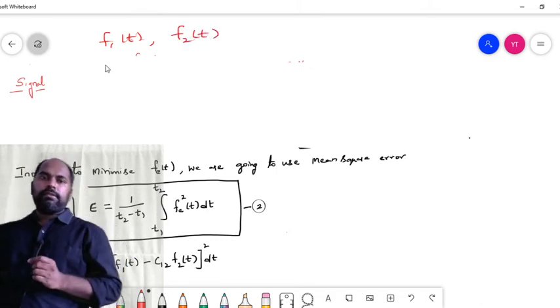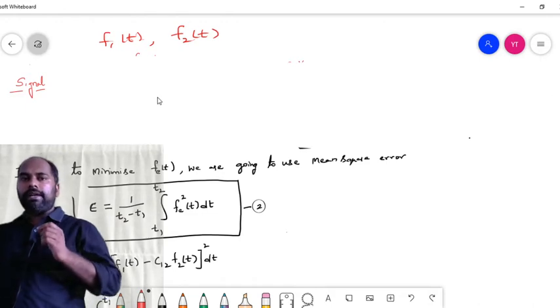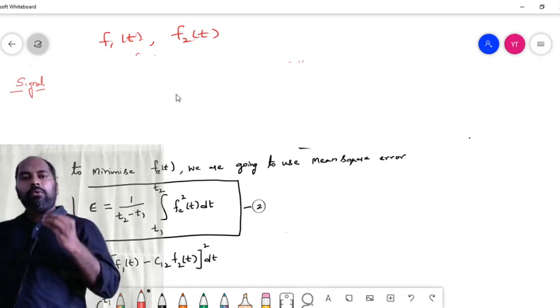These are the two signals. If I want to find the similarity between these two signals, I don't have direct formulas for signals.